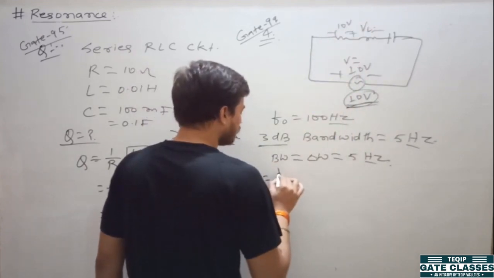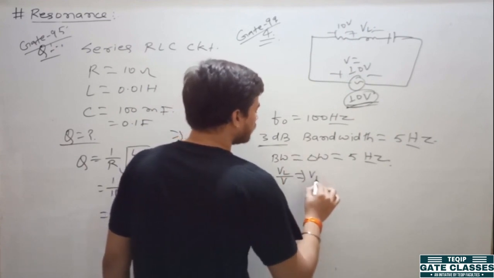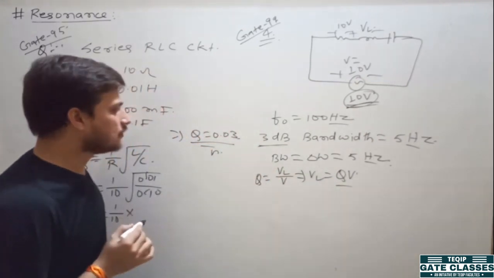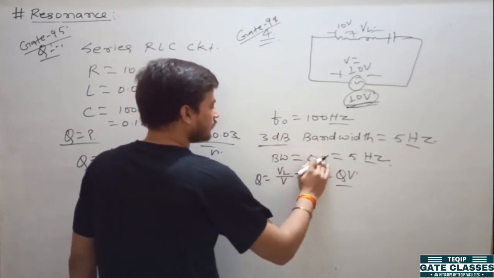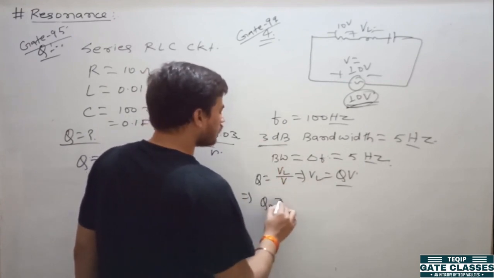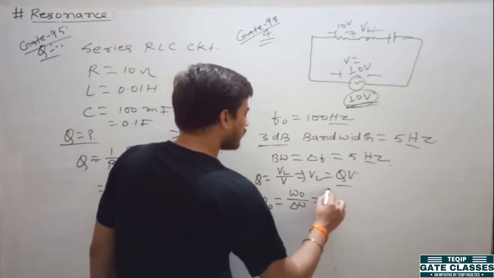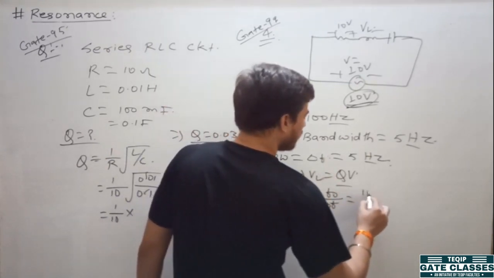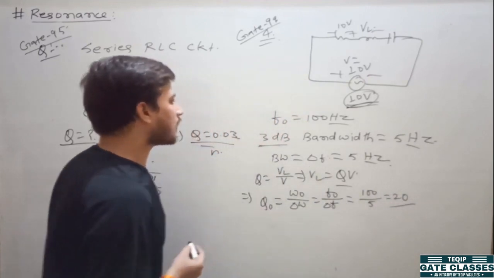So Q is equal to VL divided by V. So VL is equal to Q into V. You don't know the value of quality factor Q, but you know F naught and you know del F. So quality factor Q naught is equal to omega naught by del omega, or it can also be written as F naught divided by del F. So F naught is 100 divided by 5, which is equal to 20. So you got quality factor equal to 20.